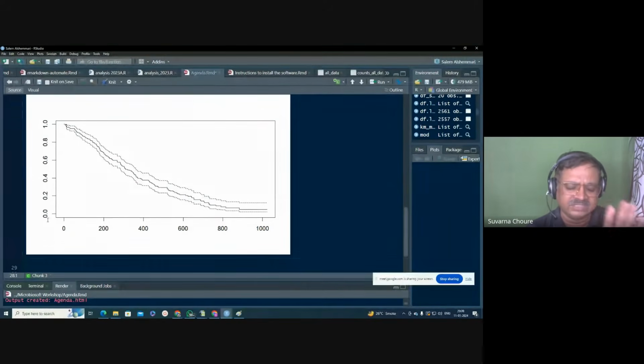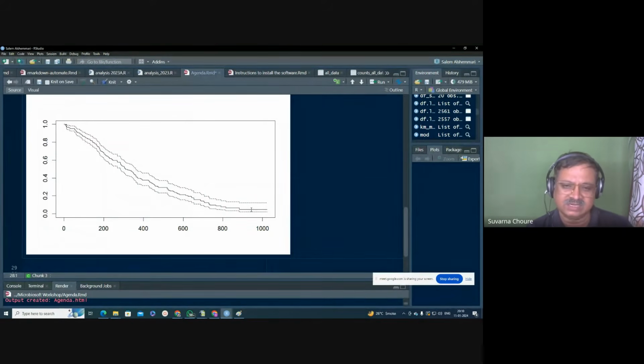60%, this is survival. On this curve axis, survival is there. And as we go further, that survival will go down. Beyond 800 days, only 10% of the population will survive. 25% of the population will survive up to 600 days. 600 days is almost 2 years. 800 days is almost 2.5 years.